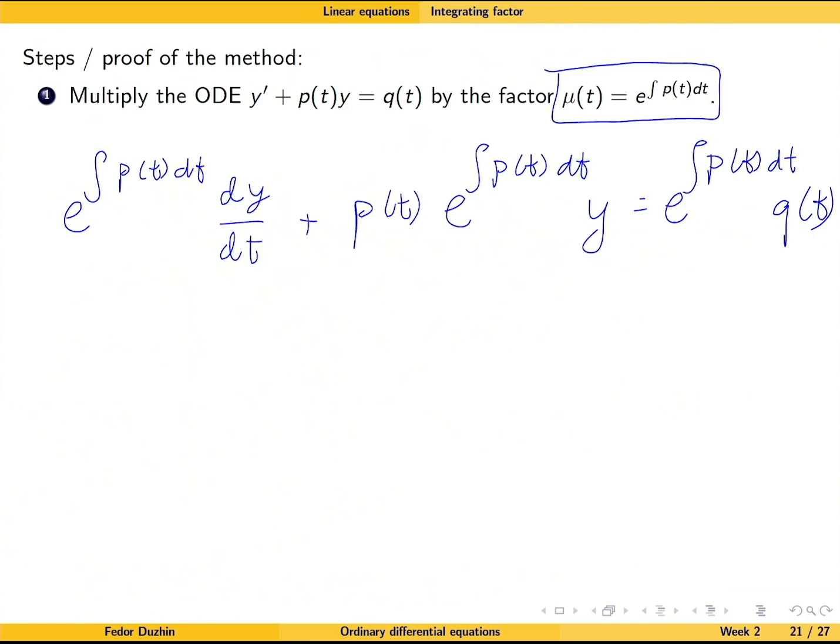But then the left-hand side is nothing else but the derivative of e to the power integral p of t dt times y.